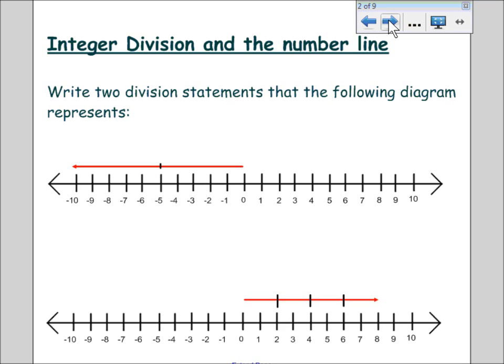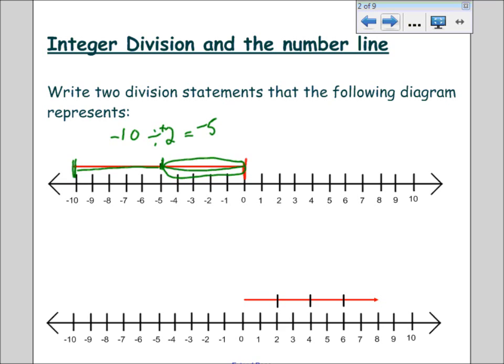So we need two division statements that the following diagram represents. We know that it starts at 0 right here, and we go until negative 10 right here. We can say negative 10 divided by positive 2, because there are two groups, equals, the group 1 right here has negative 5, so negative 5.